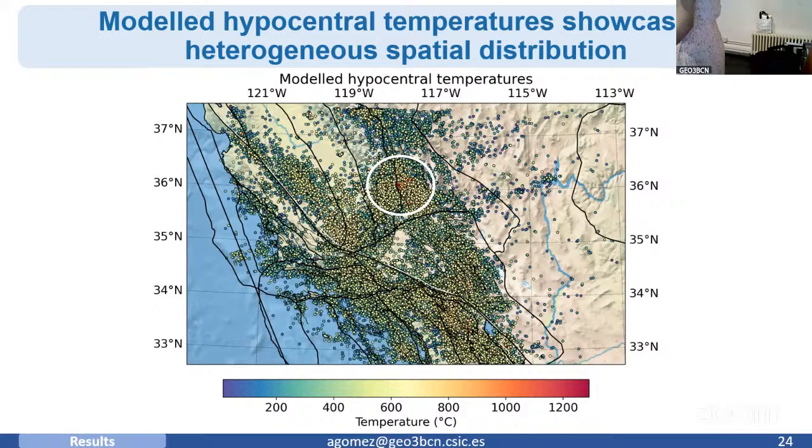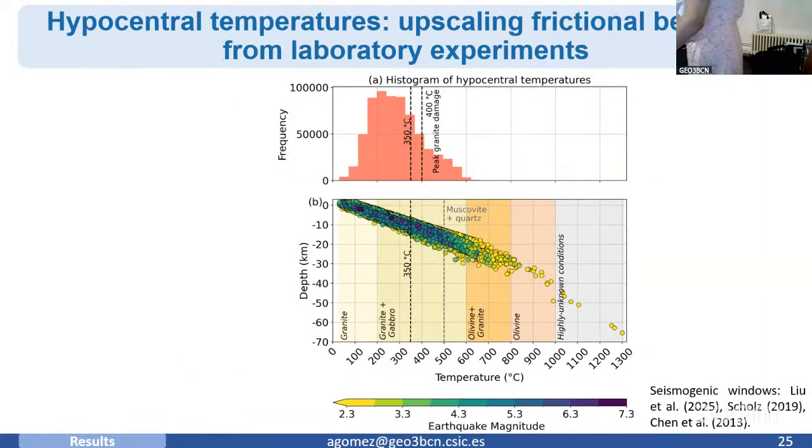But let's have a look at this in a different way. Here it is a bit more difficult to observe. So here in this upper panel, you see the histogram of hypocentral temperatures. Here in the lower panel, you see the hypocentral temperatures against the hypocentral depths. And these dots correspond to the seismic events color-coded according to their magnitude, right?